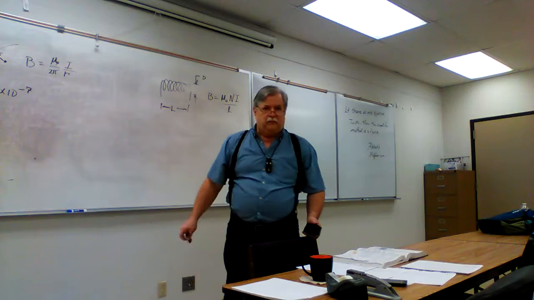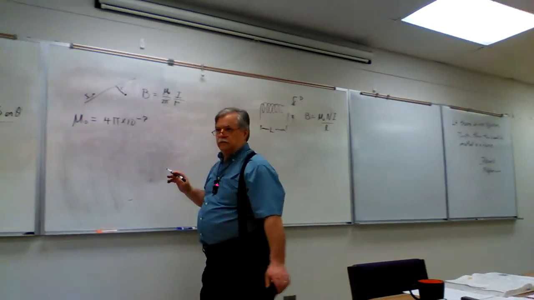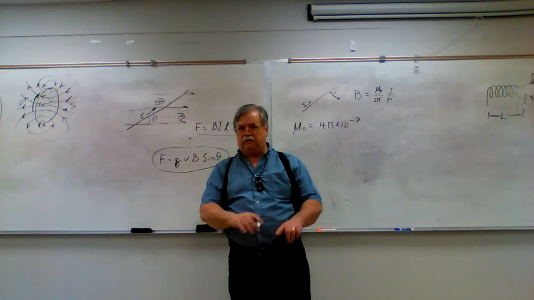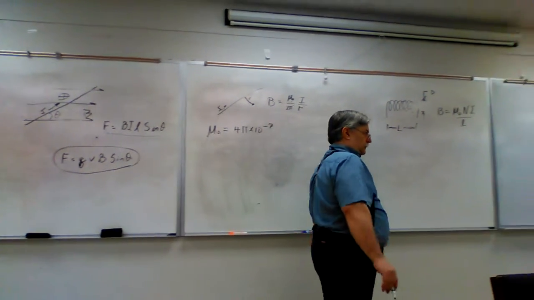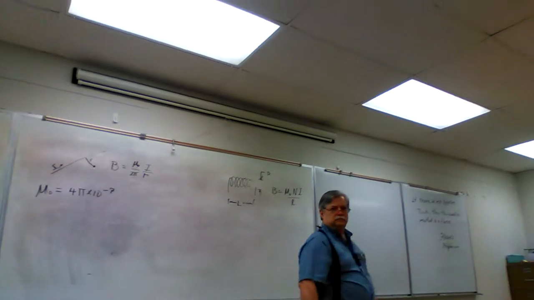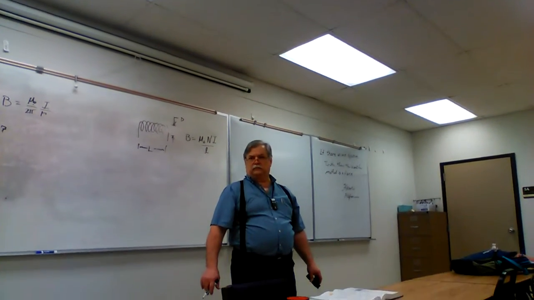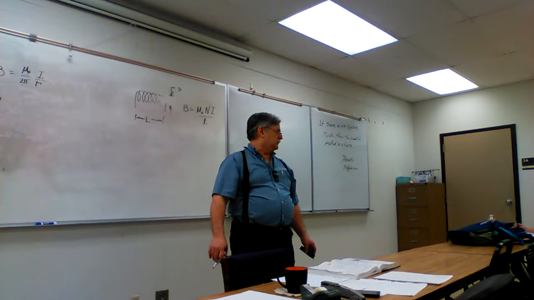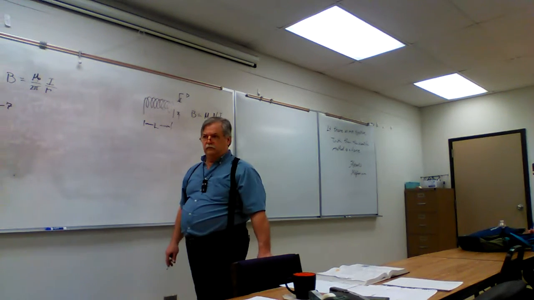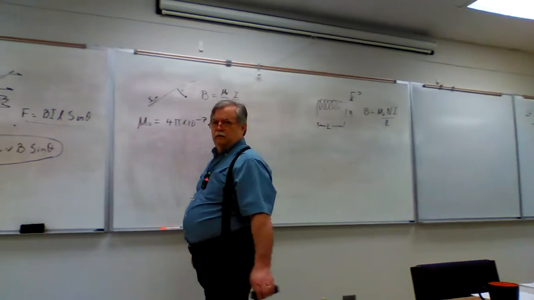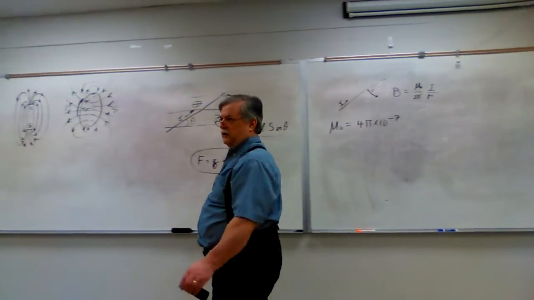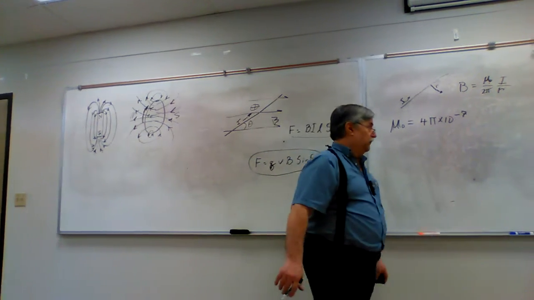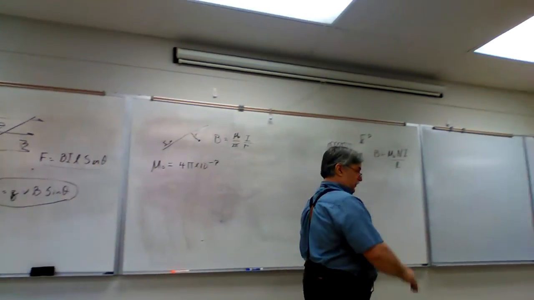How would you change that solenoid to eliminate the fringing effect of the magnetic fields at the ends? Anybody? What would you do to get rid of the fringing magnetic fields at the ends, and in fact, get rid of all of the magnetic field outside the solenoid anywhere?